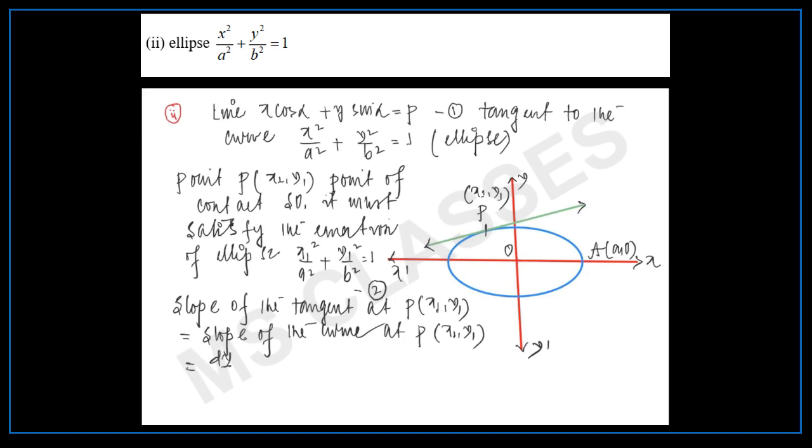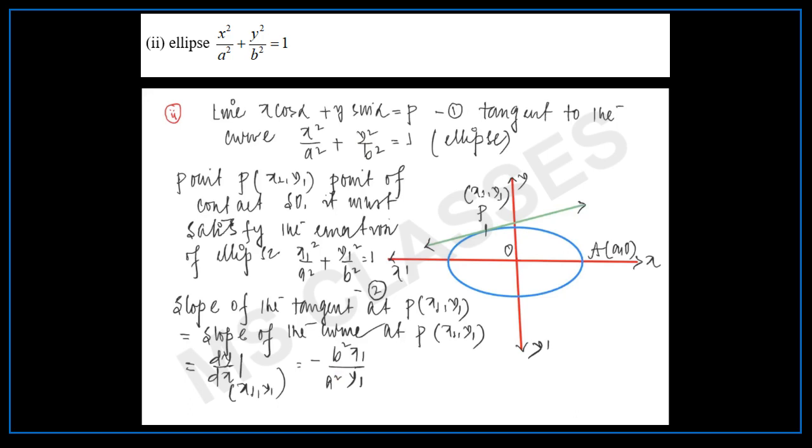So dy/dx at x1, y1. Now on differentiating this equation, we get minus b square x1 by a square y1. And from that we can find the equation of tangent.